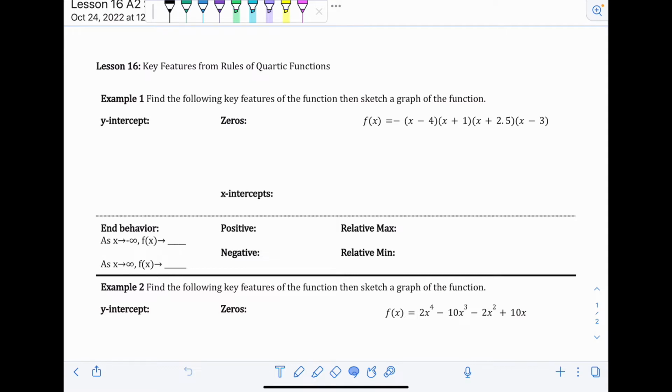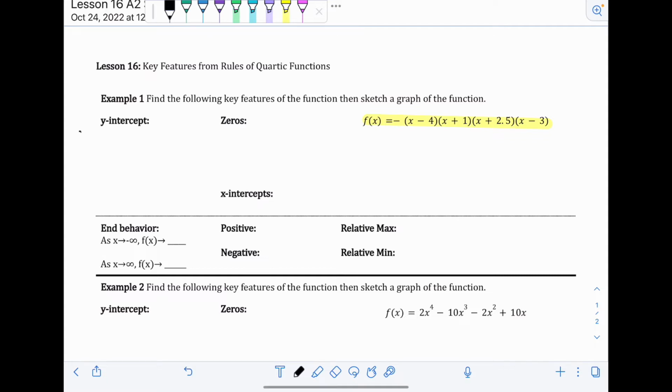So example 1, find the following key features of the function, then sketch the graph of the function. So it's f of x equals negative x minus 4 times x plus 1 times x plus 2.5 times x minus 3. If I want to find a y-intercept, I have to find f of 0. So I have to find what the value of the function is when x equals 0.